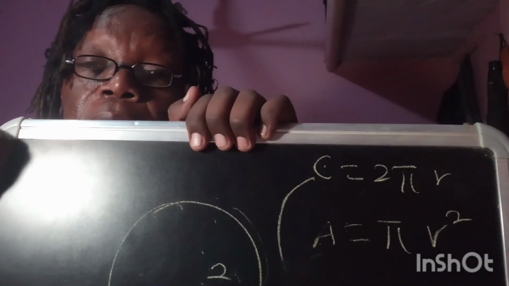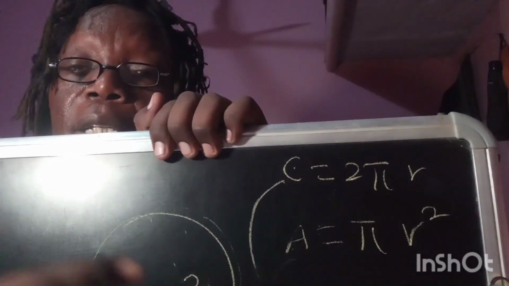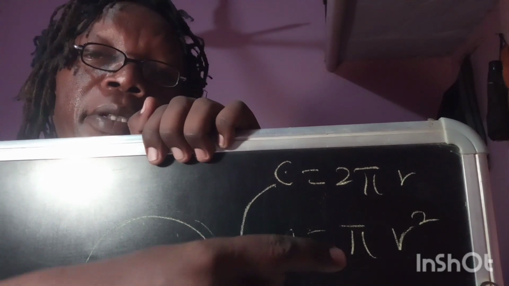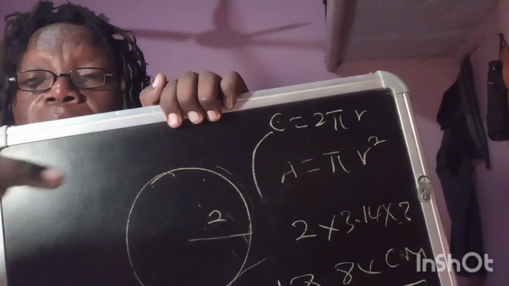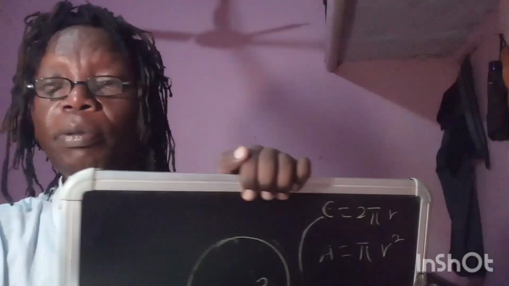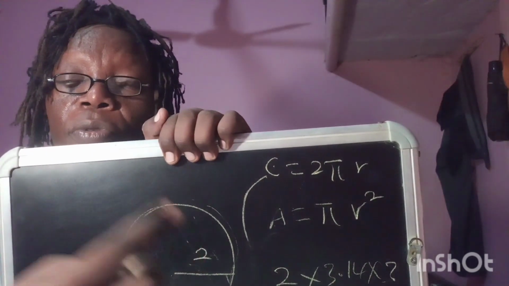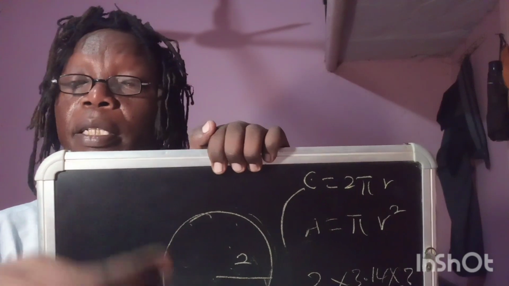Then for the area, we don't have the 2, we just have pi, but we are squaring the radius. It's very simple math. Taking pi, which is 3.14, times radius, if it's 2 squared is 4, times 3.14, we get the answer in centimeter squared or meter squared.